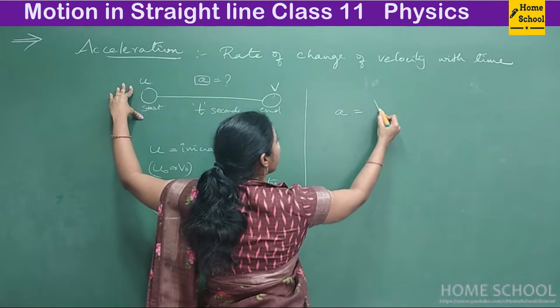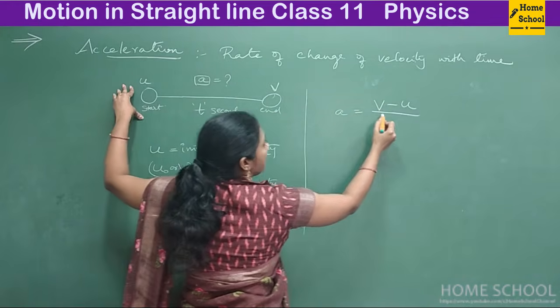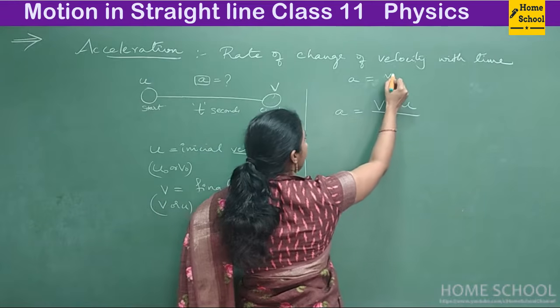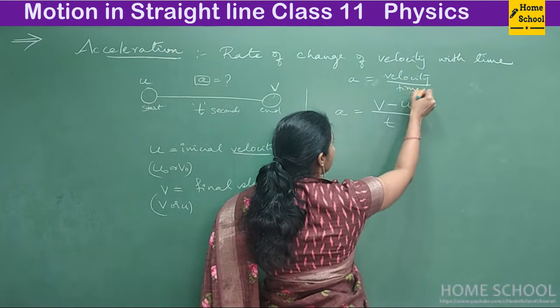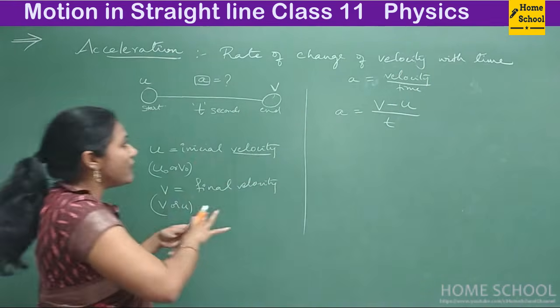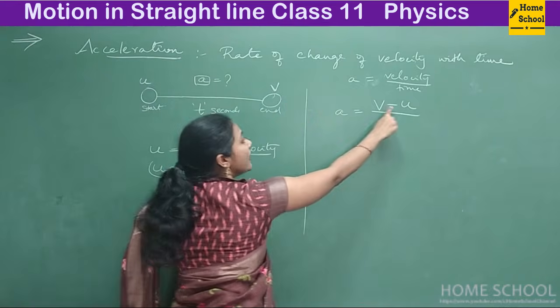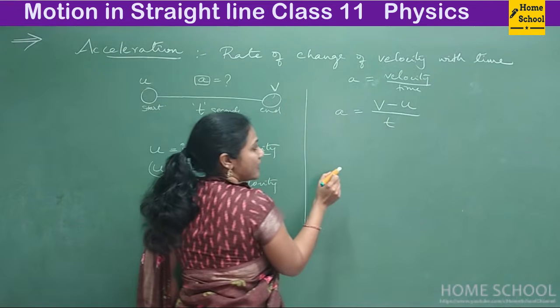So I can write v minus u divided by time, right? Our acceleration definition itself is change in velocity by time, and change in velocity is final velocity minus initial velocity. So a equals v minus u by t, right? So this is what our acceleration is.